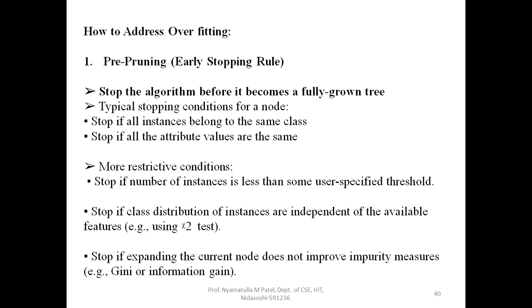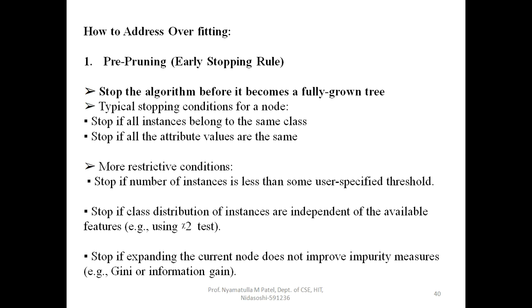A more restrictive condition: stop if the number of instances is less than some user defined threshold. Number of instances means how many times you need to test the conditions on the data, so it should not be less.